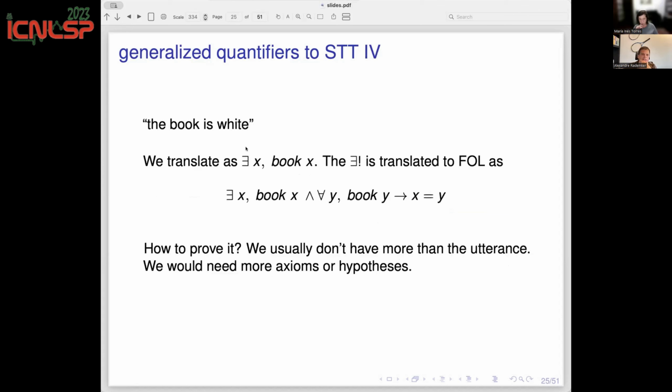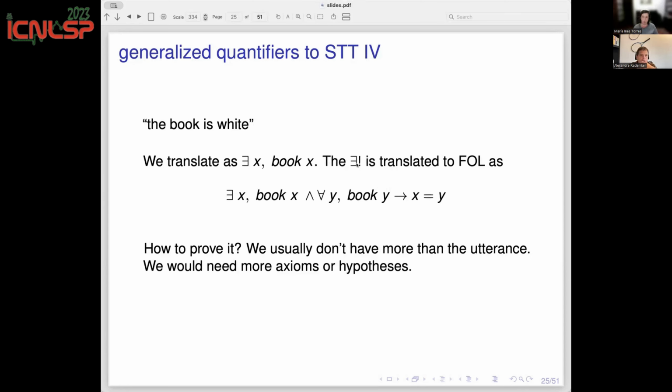We also have some problems, and even for this simple first step, we have to deal with uniqueness. What would be the difference between "the book is white" and "a book is white"? The quantifier would potentially be modeled as an existential that only has one element.